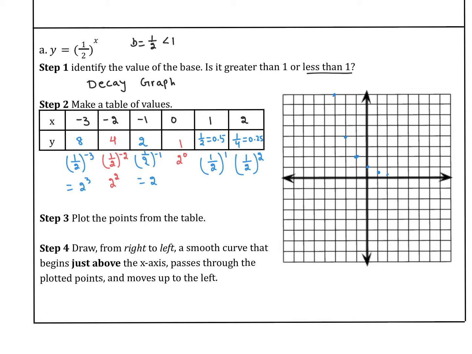Try to make a smooth graph, and this is going to be a falling graph from left to right. That's going to be your decay graph, where (0, 1) is the y-intercept, and (1, b), which means (1, 1 over 2), is this point right here.